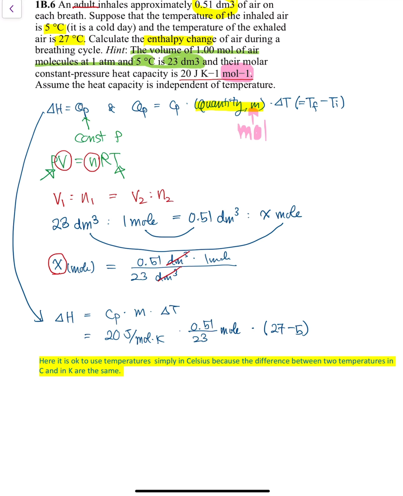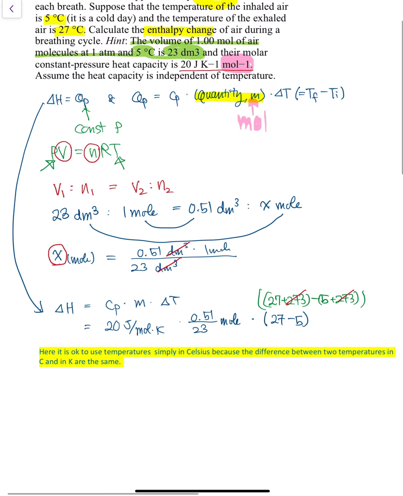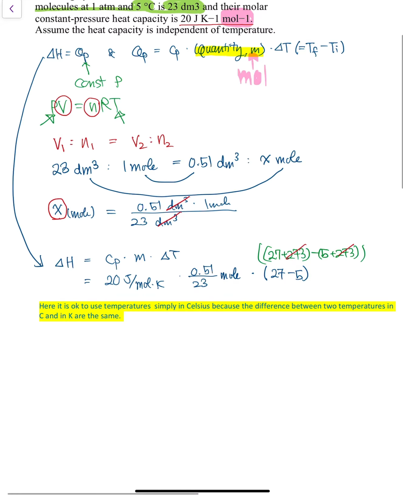You can easily see that, right? In the Kelvin, 27 is 27 plus 273, and then 5 degrees Celsius is 5 plus 273. So if you take the difference between the two, this and this cancel out. So from the beginning, you don't have to write that down. So yeah, now obviously 27 minus 5 is 22.